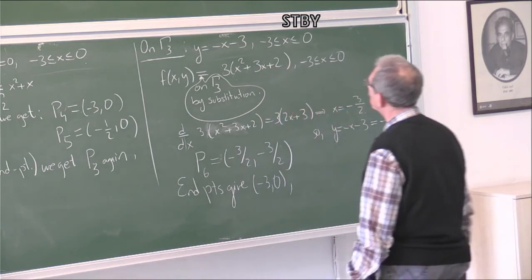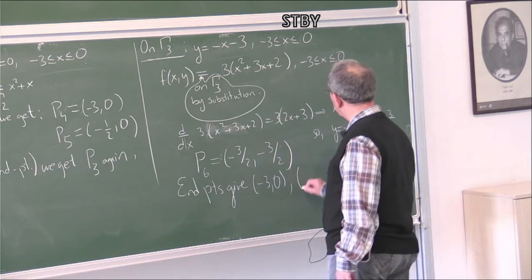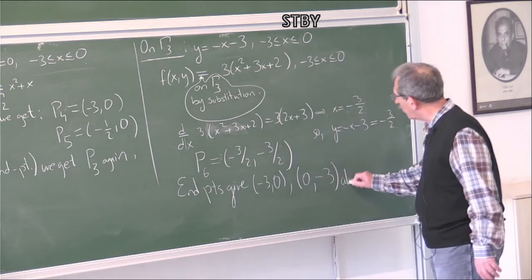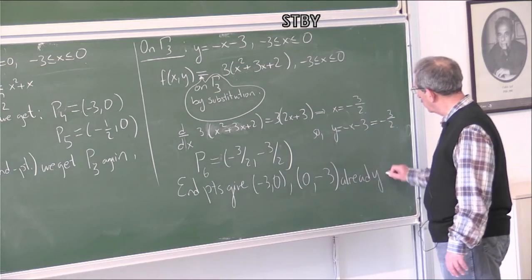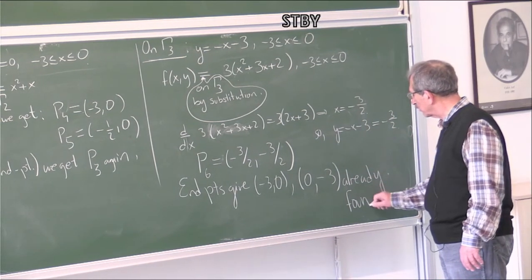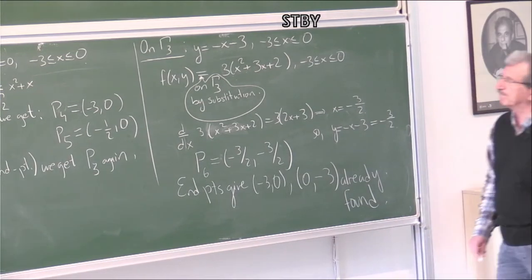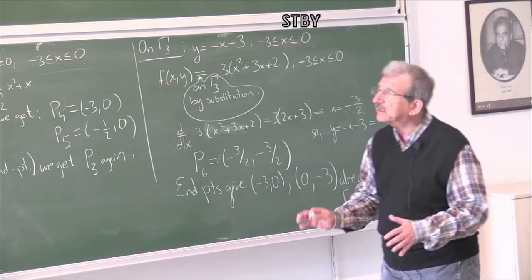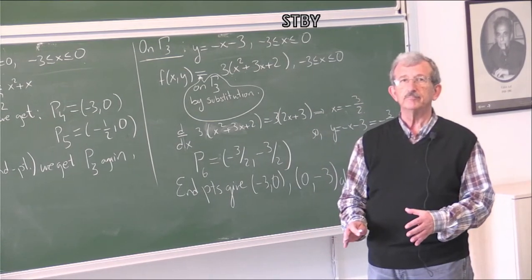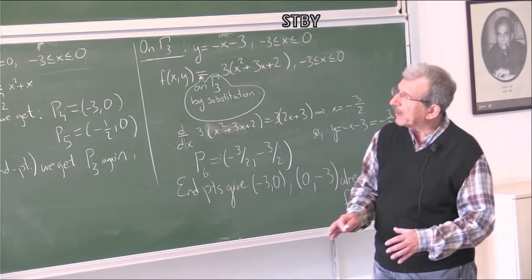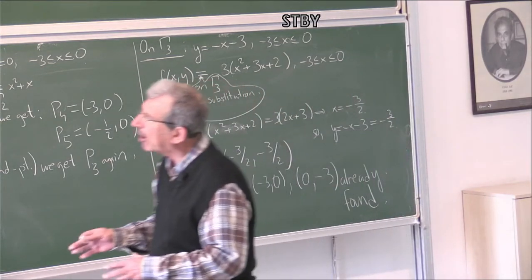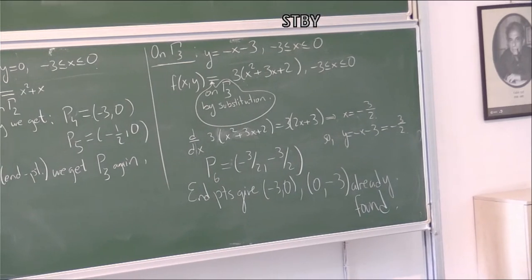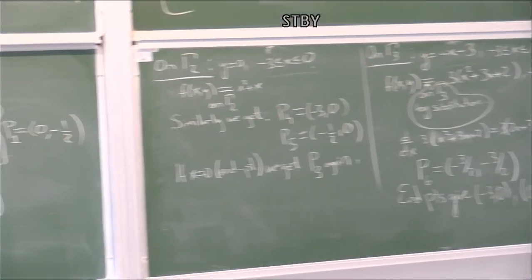If you put minus 3 for x, or if you put 0 for x, you get the endpoints minus 3, 0 and 0, minus 3. These are already found, so there's nothing new in here. All in all, we have 6 points to check. Absolute maximum and absolute minimum are among these. Actually I said 6, but we have P0 as well, so it's 7 points in all.